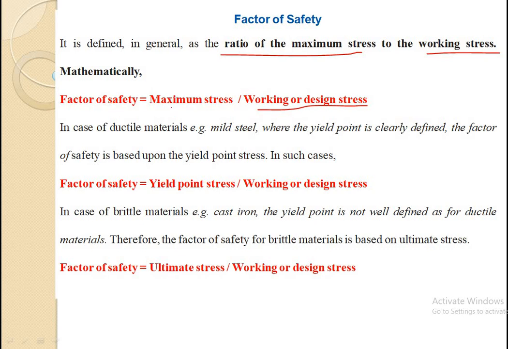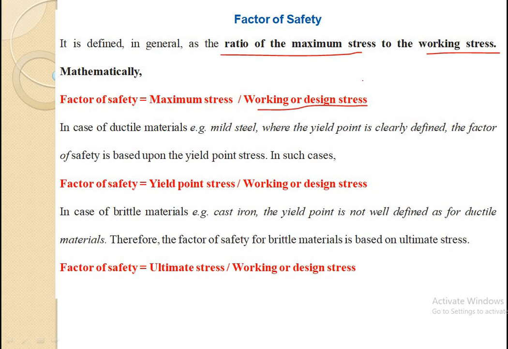Again, try to understand, maximum stress is the value of stress which is induced in that component when the maximum load is applied on that element. That is the value of maximum stress, because we know that stress is calculated as the force acting on the element per cross-sectional area. So factor of safety in simple language is the ratio of the maximum stress to the working stress, that is the design stress. This is the general definition of the factor of safety.